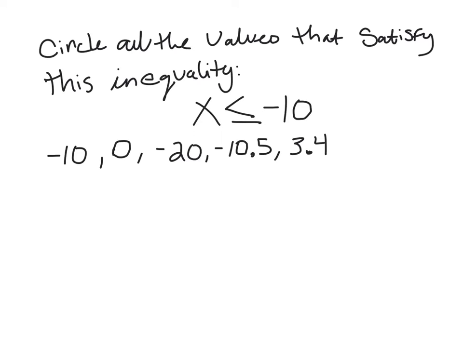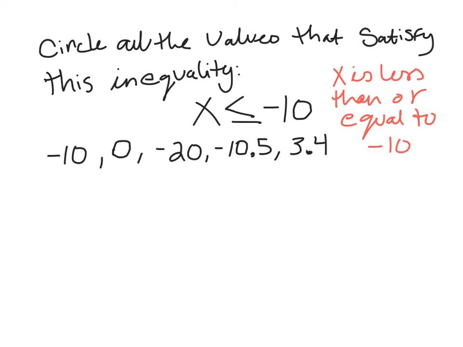All right, so I purposely didn't read this aloud for you to make sure you had to puzzle through it. So we're saying x is less than or equal to -10. I always read them aloud to myself in my head. It really helps. X is less than or equal to -10.